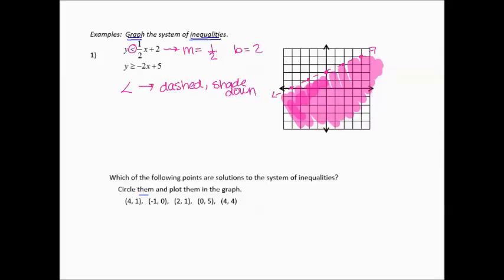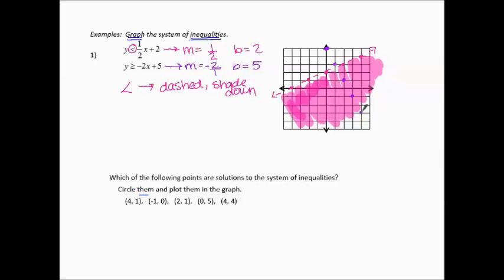I'm going to take a look at my next equation. Same thing, I'm going to look at my slope. M is equal to -2/1. B is equal to 5. So I'm going to go up 5, 1, 2, 3, 4, 5. And then I'm going to travel my slope down 2/1, down 2, down 2.